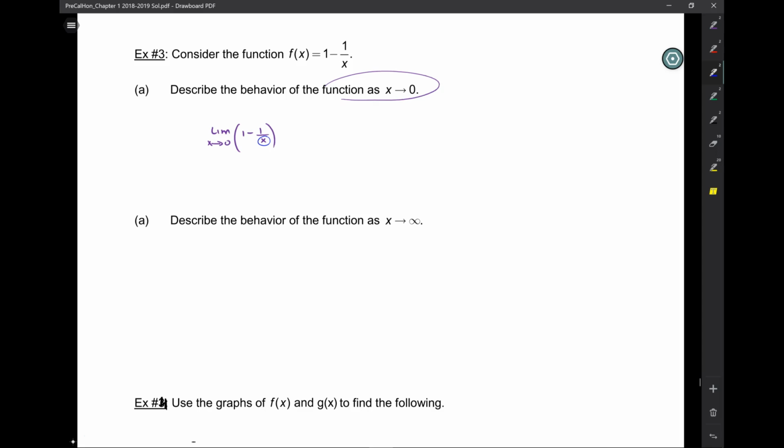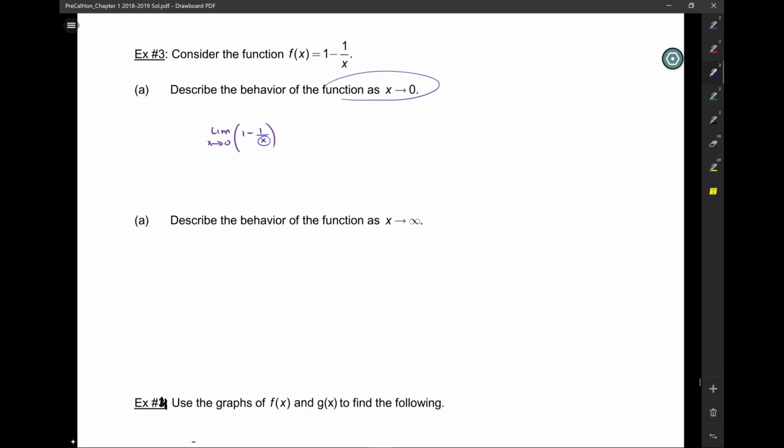If I have 1 pizza and I'm dividing it between 2 people, think about how much each person gets. One pizza divided between 2 people. Then you have 1 pizza divided among 4 people. 1 pizza divided among 20 people. How much is each person getting? 1 pizza divided among 1,000,000 people.